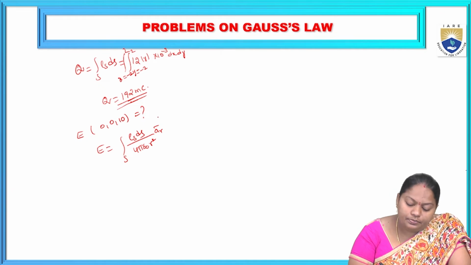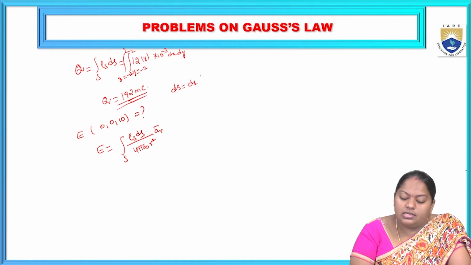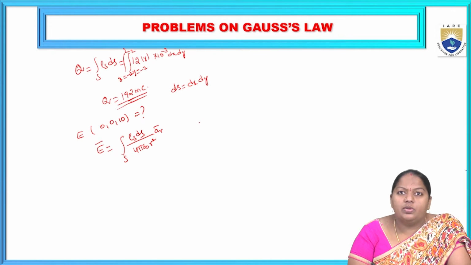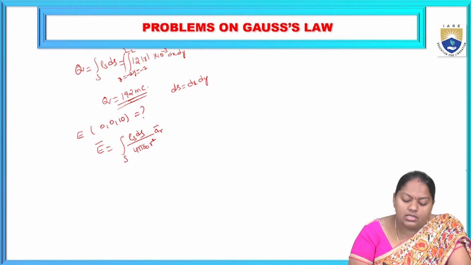Why? Because the surface charge density is given as rho s, and the formula for ds, according to the plane, is ds equal to dx into dy, and the electric field intensity E must always be a vector, hence we write the unit vector AR.